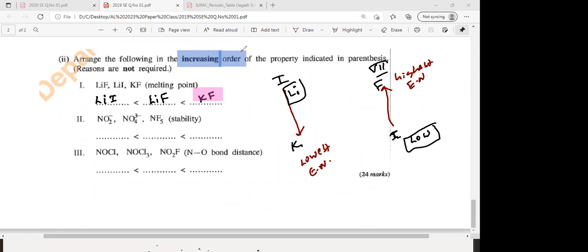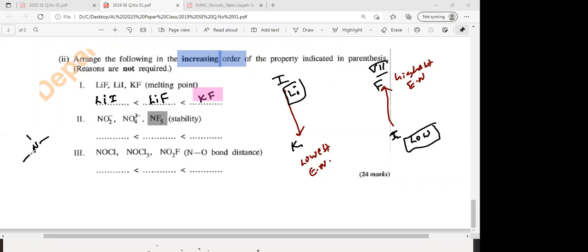Stability of these ions. What is the most stable out of this? Usually nitrogen NF5. Can nitrogen form 5 bonds?